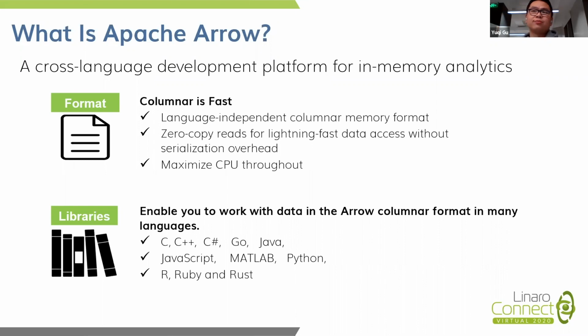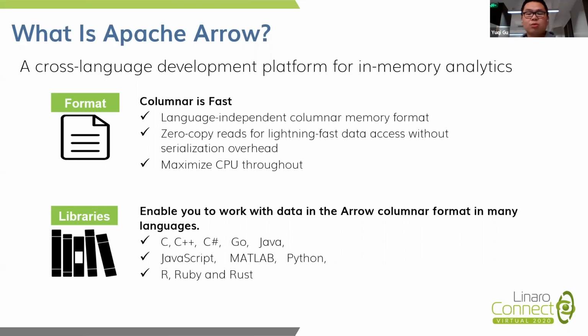Arrow designed a columnar data format that can take advantage of hardware features like pipelining, SIMD, and cache locality, to maximize CPU throughput.